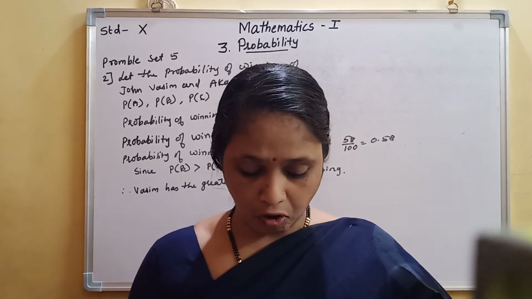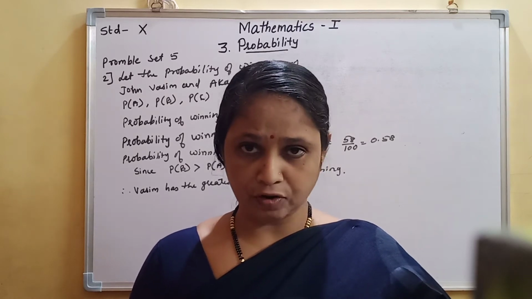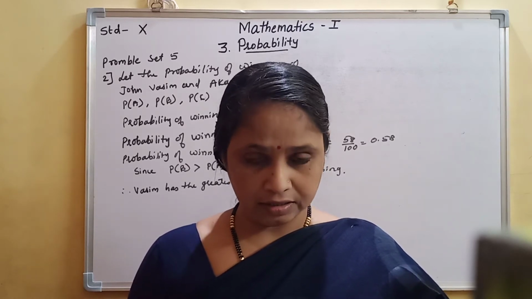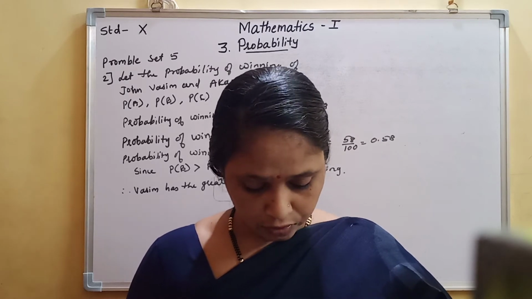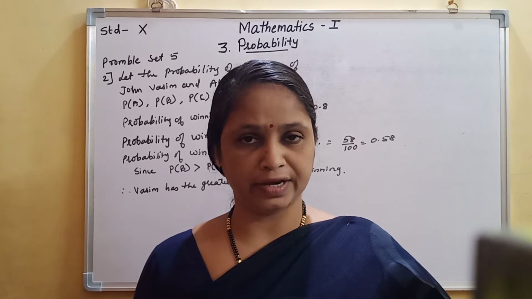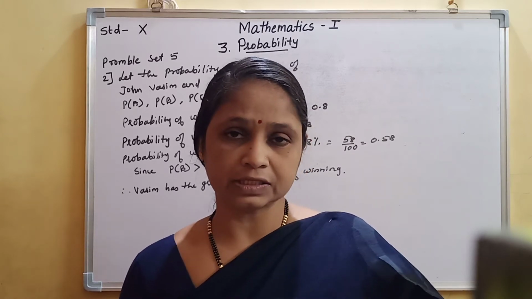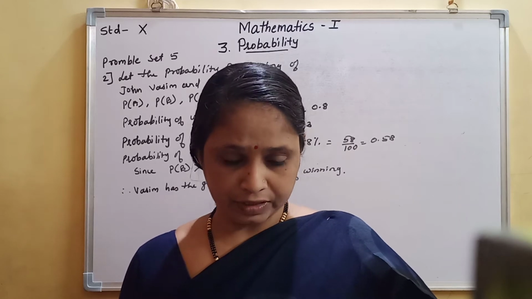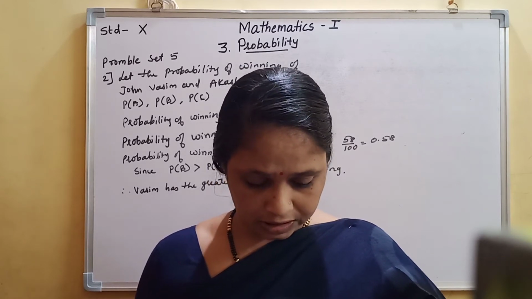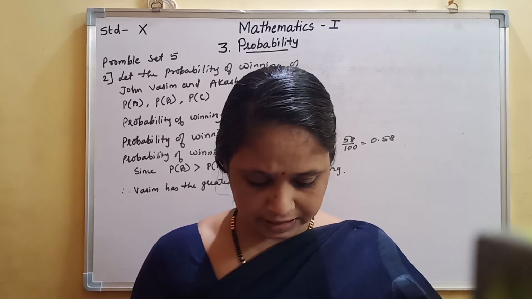In a hockey team, the number of defenders, offenders and goalie is 6, 4 and 1. Total players become 11, so the sample space is 11.